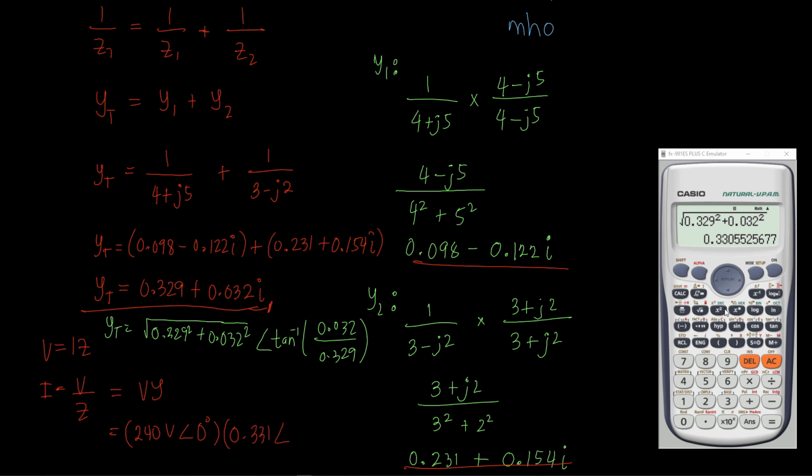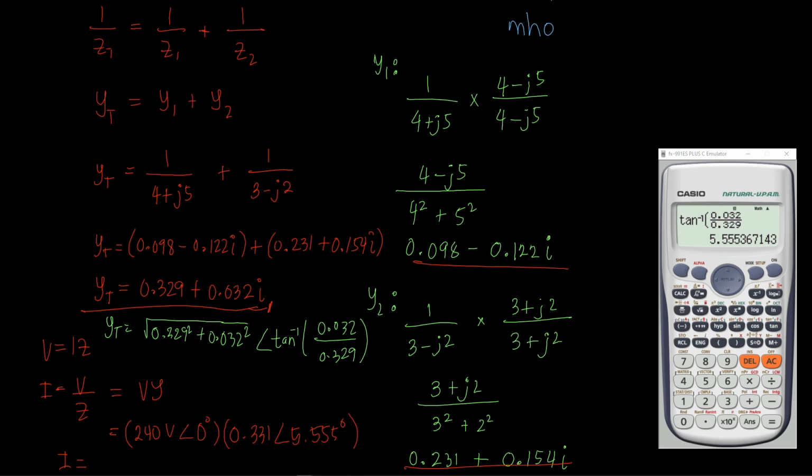Angle, arctan of 0.032 over 0.329. Naa tay angle 5.555 degrees.